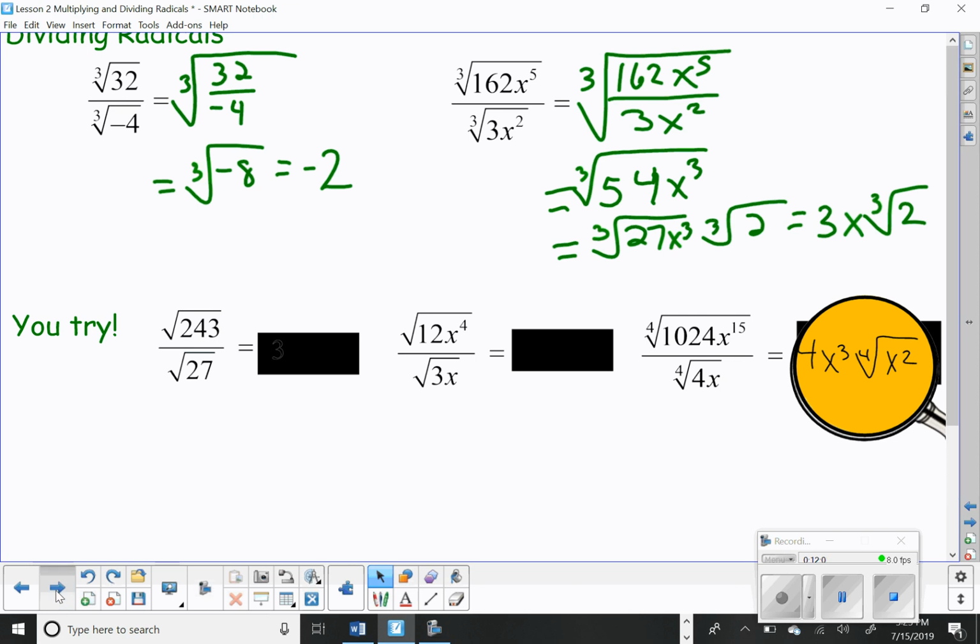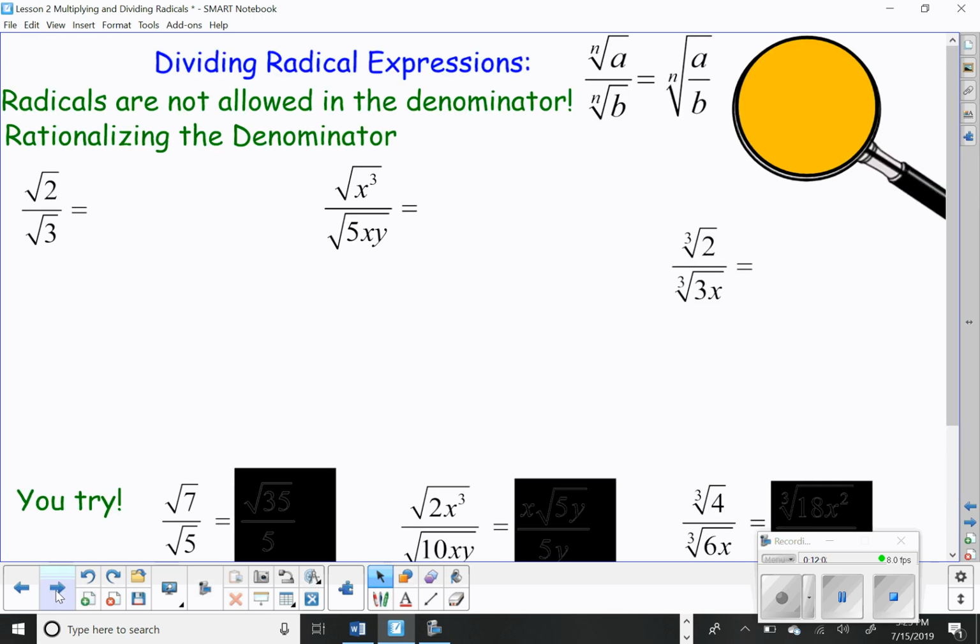Great. All right, now continuing on, dividing radical expressions. Sometimes we have to rationalize the denominator. Because remember, the denominator cannot have a radical. So how do we do that? Well, we multiply the numerator and the denominator by a form of 1.